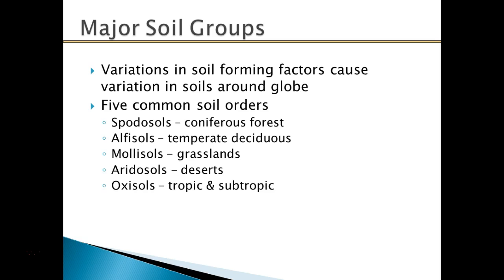Obviously not leaf litter, but you're going to have grass left over, and also very fertile. Deserts: very little fertility, very permeable, because most of them are sand. Some of them are clay. You'll get some clay in some of these deserts, so then it would not be as permeable. But either or.